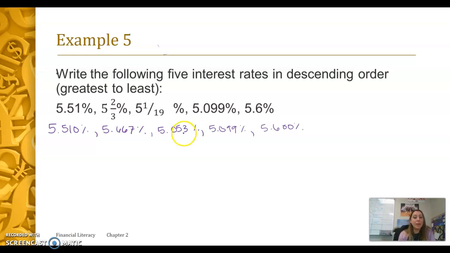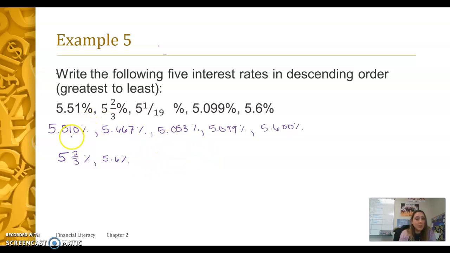So if we're writing greatest to least, my largest one is going to be this one. So I'm going to write 5 2/3%. Then my next one is this one, and it was given to me as 5.6%.